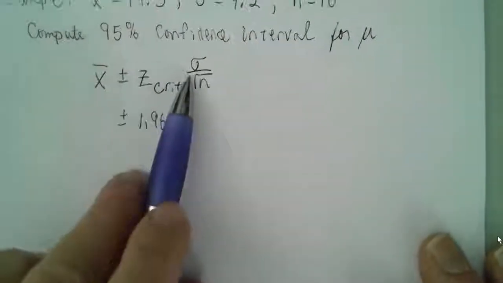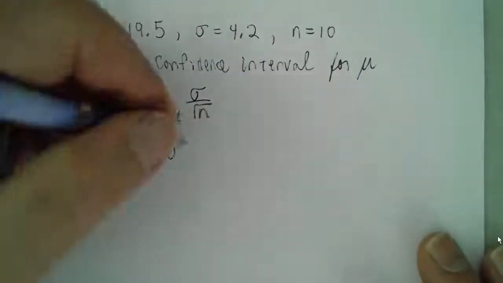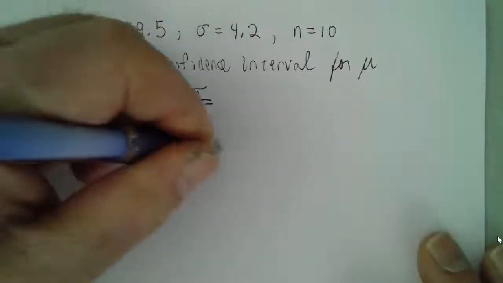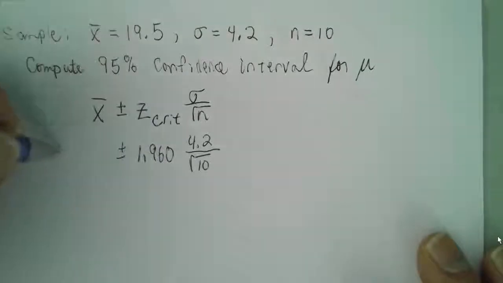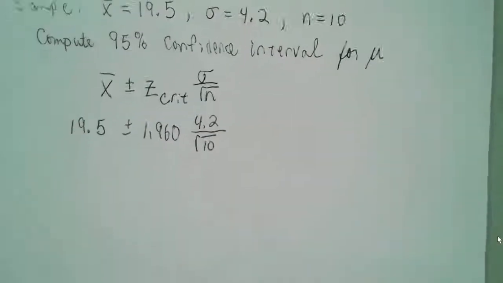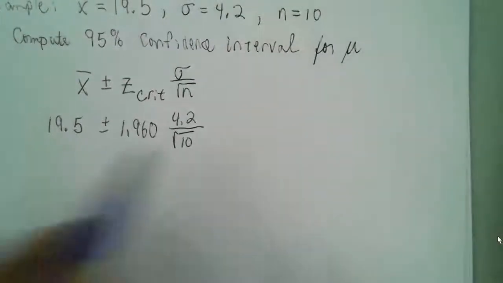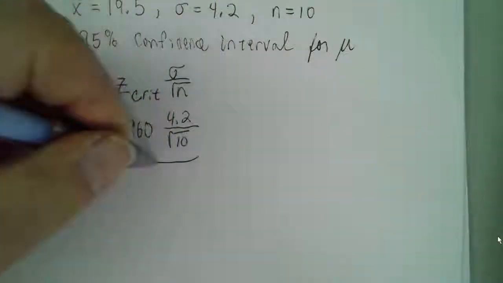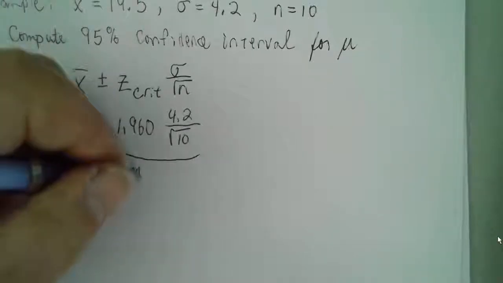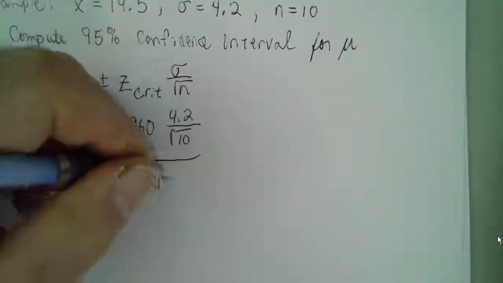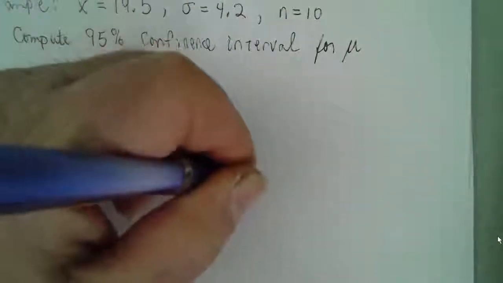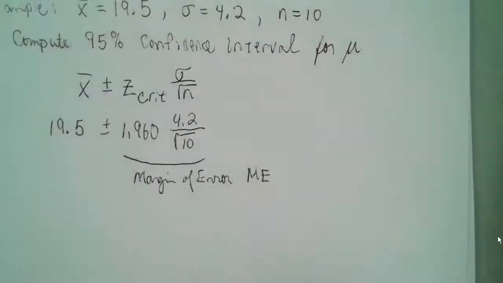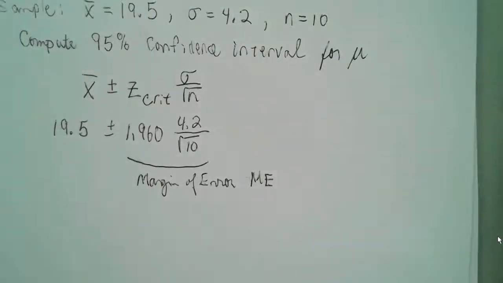The standard deviation of the population is 4.2. The size of the sample is 10, and the mean of the sample was 19.5. So let's get this value. This part right here, let's just review. This part right here is called the margin of error. A lot of people will refer to that as ME, just an abbreviation for margin of error.